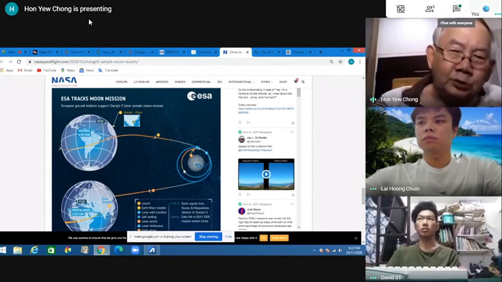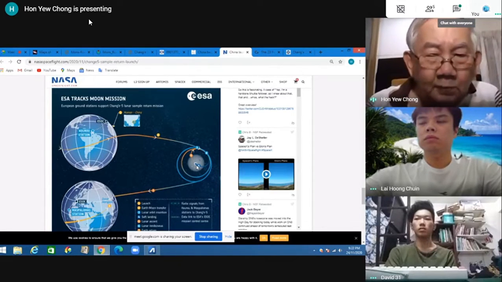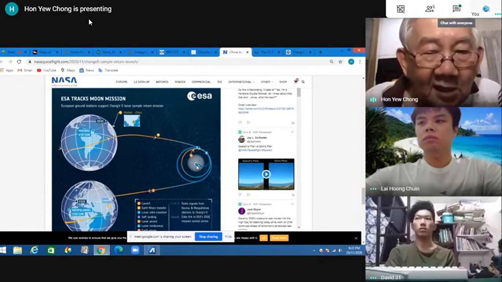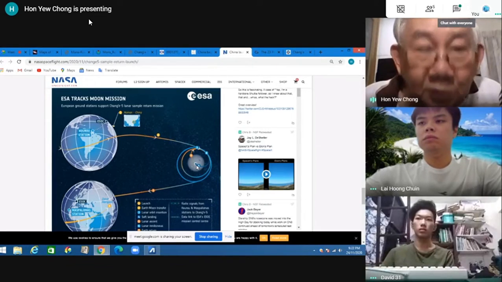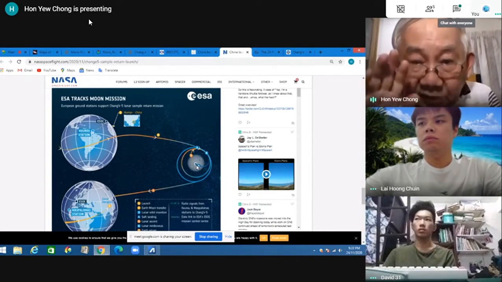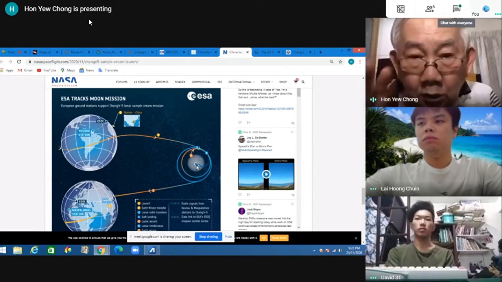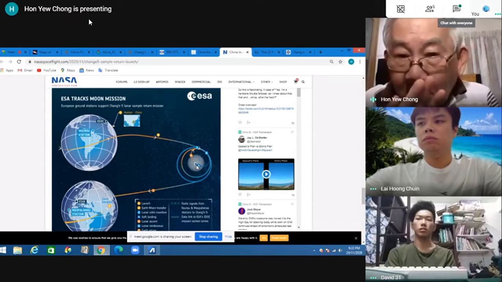And I think this is also, remember in 2014, China launched their Chang'e 5T1 mission, 6 years ago. So it's exactly the same mission as Chang'e 5 today, but they launched 6 years ago without any intention to land.